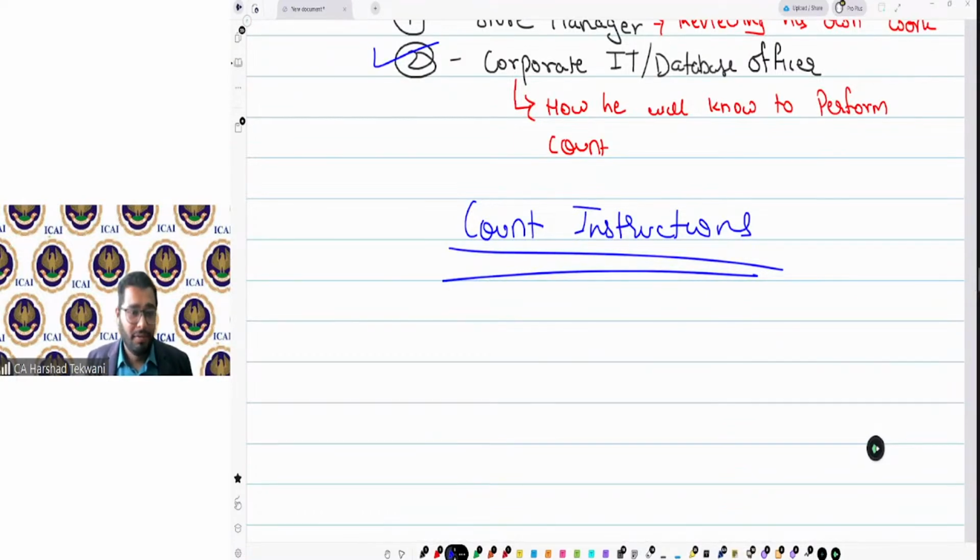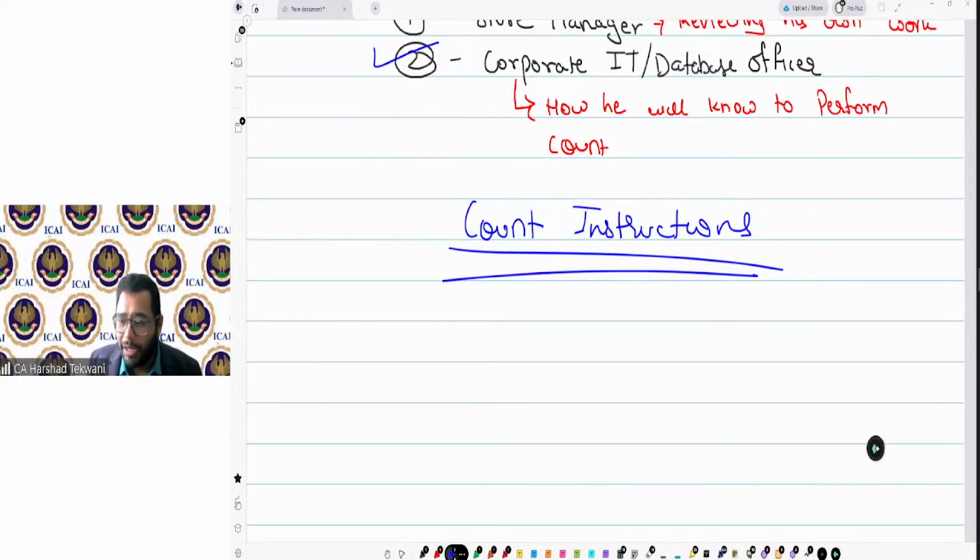It is a DIY, do-it-yourself document that I, as management, give to him, and I explain everything in that document. I expect him to read it and perform the count the way it is written.